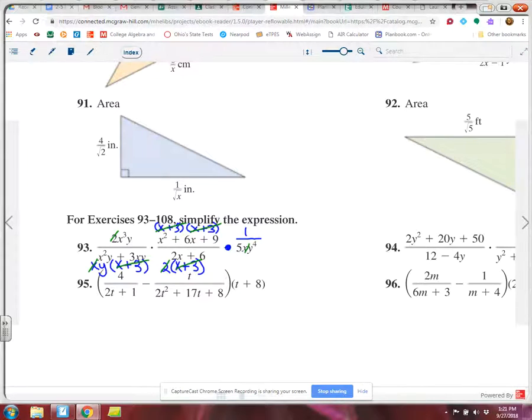No, I can't do that. Those are both on the bottom. I can't do this one. So that's going to stay there.